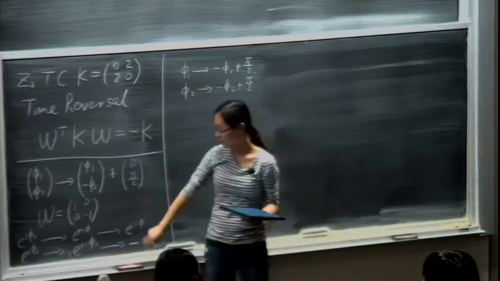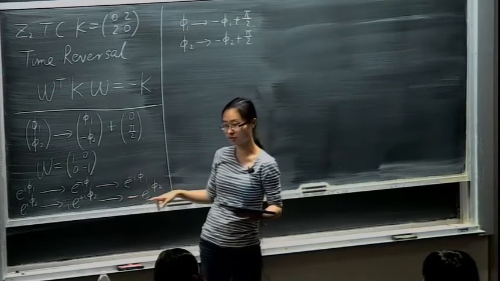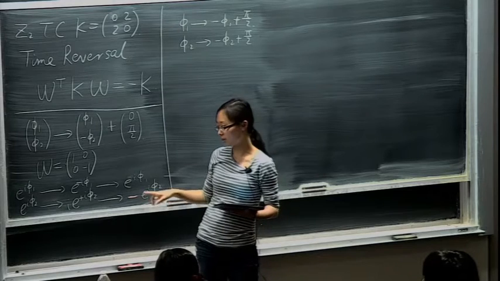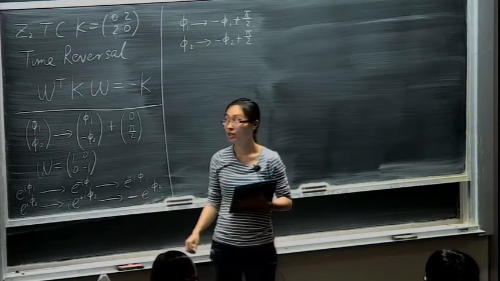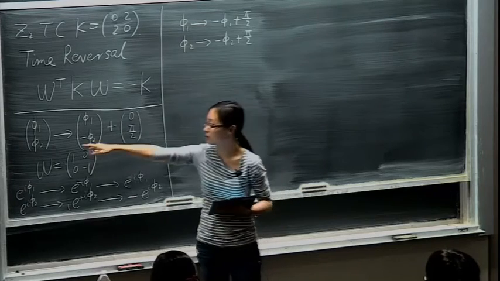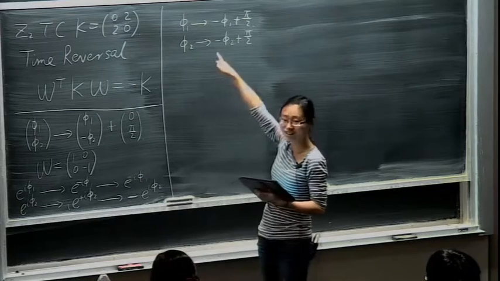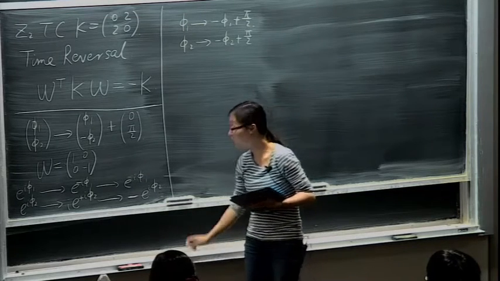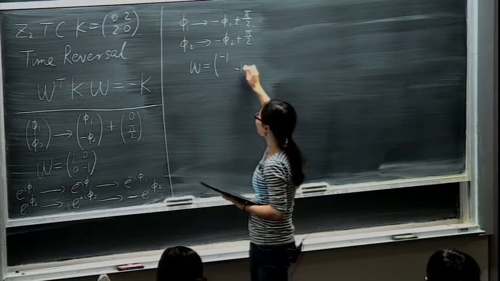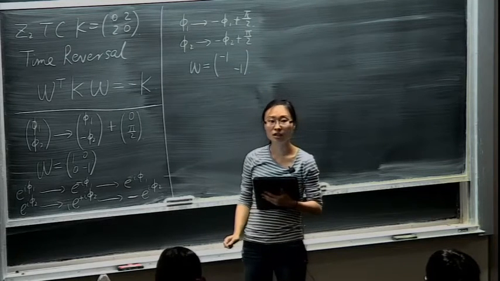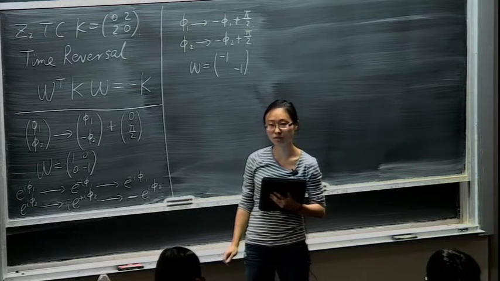This seems to work out if you calculate how the quasi-particles transform under time reversal. There indeed will be a minus sign here, because the transformation rule follows the form of the phi 2 in this case. However, in this case, the W matrix just becomes minus 1, minus 1. It no longer anti-commutes with the K matrix, so it's not really a time reversal symmetry.